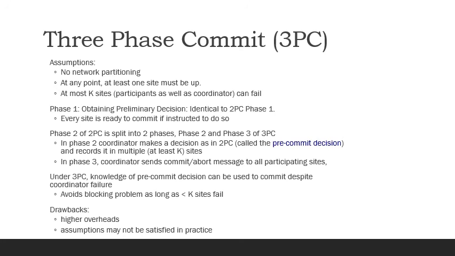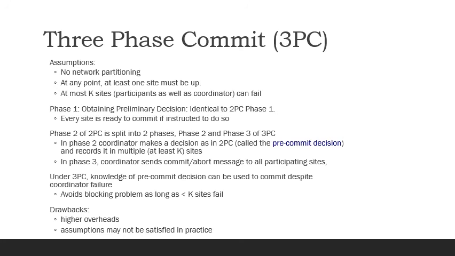So the assumptions are no network partitioning. At any point, at least one site must be up, and at most k sites can fail, including the coordinator. In phase 1, obtaining the preliminary decision, it's identical to 2PC phase 1, and every site is ready to commit if instructed to do so. Phase 2 of 2PC is split up into two phases, phase 2 and phase 3 of 3PC.